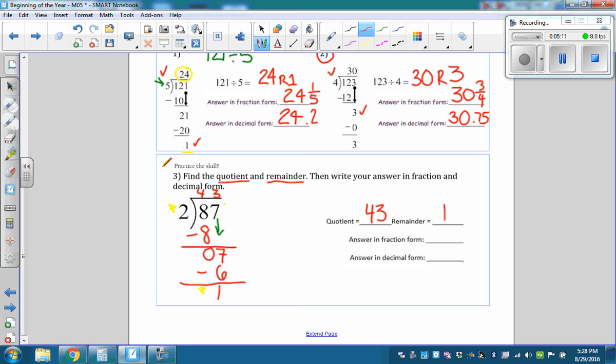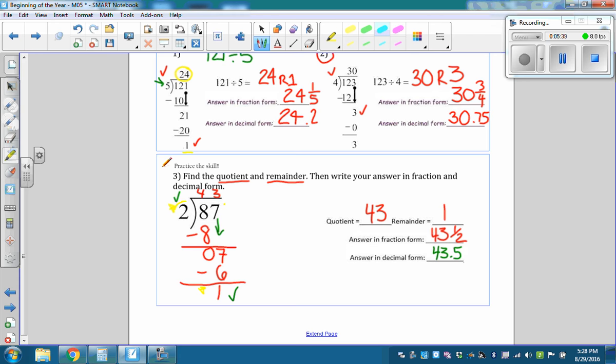In fraction form, it would be 43 and 1/2, because it's the remainder over the divisor. And we know that that's the same as 43.5.